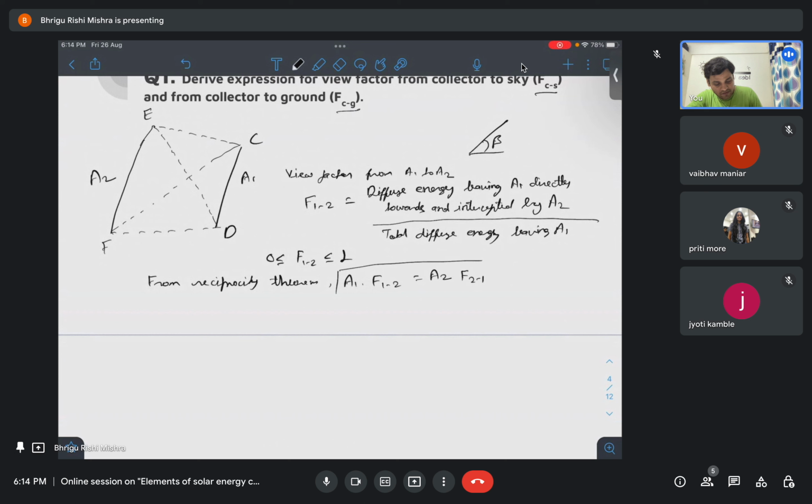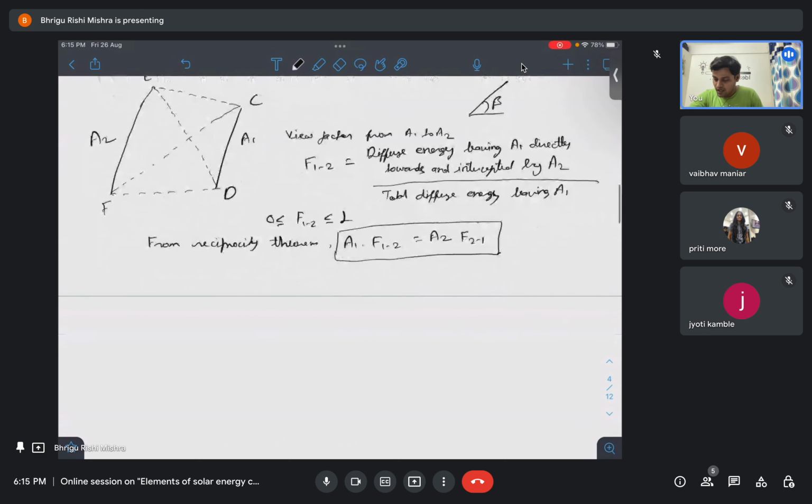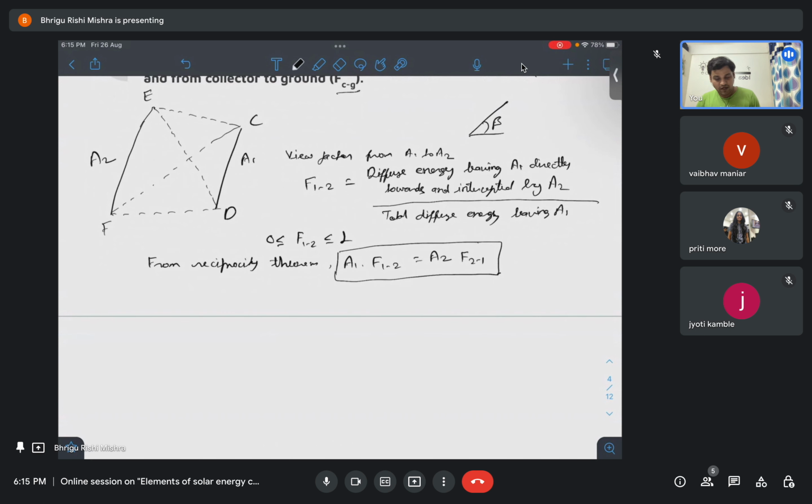So this is the reciprocity theorem. Okay, now for any surface, for example, for this A1, the total, if we consider all the neighboring objects which are intercepting the energy diffused by surface A1.